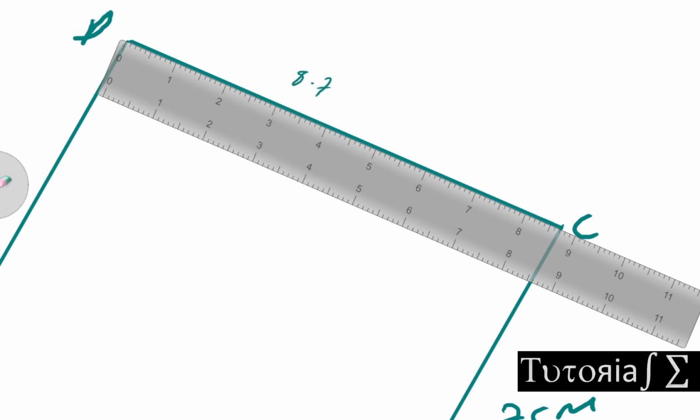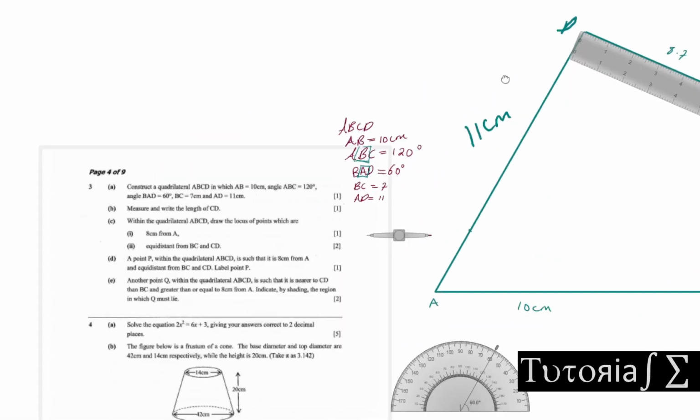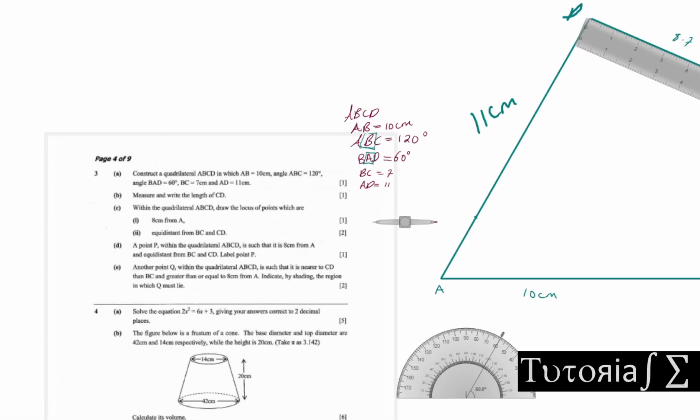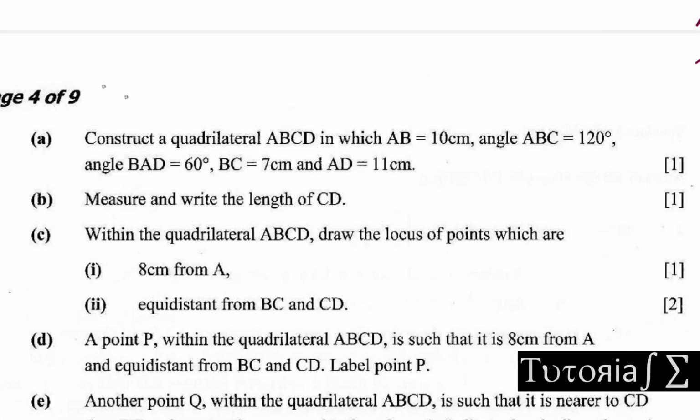You should get something like that as well. So that will be CD. Okay. So 8.7.